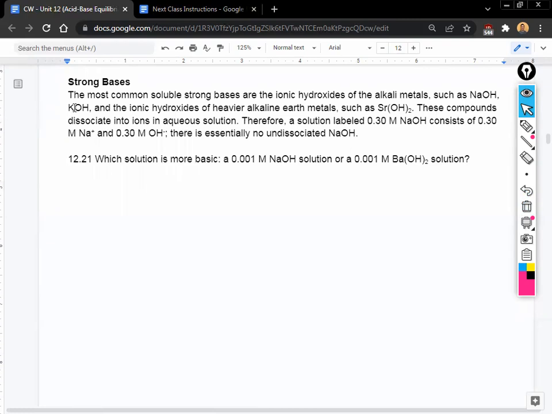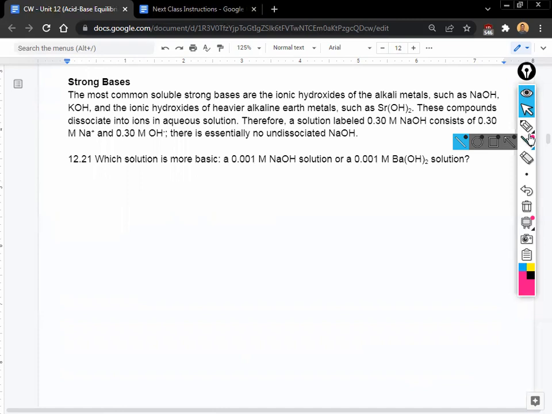Okay, so NaOH, KOH, and other ones like Sr(OH)2, these are strong bases. And there's a list online you can probably find. Strong bases are a little bit trickier. We talked about this back in Unit 4, so I'm not going to spend time talking about it. But it's not going to be just groups 1 and 2. So just make sure you keep an eye out for that.